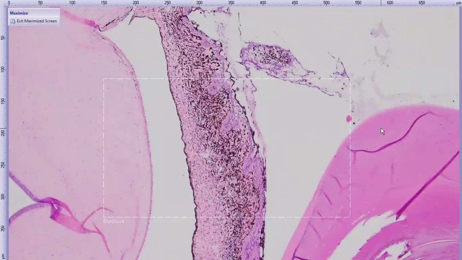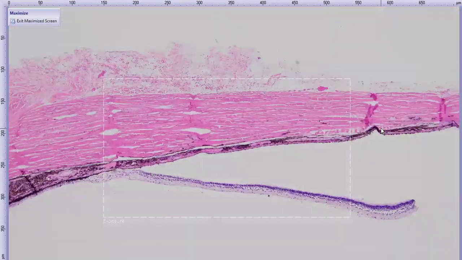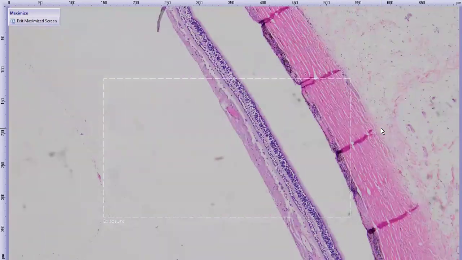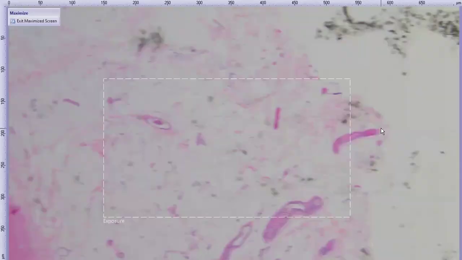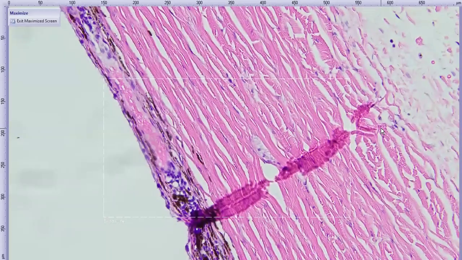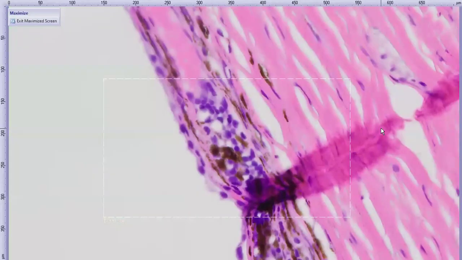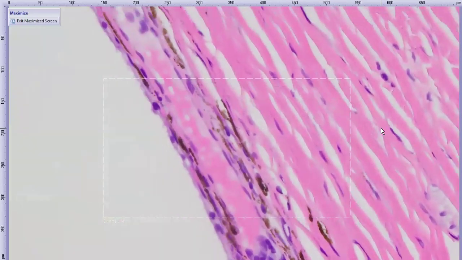If we go from there and track to the back of the eye, we go right towards the center. There is something of note at this level in terms of lesions, but we'll get back to that, I promise. At this level, we're going to nudge ourselves away from that fold.